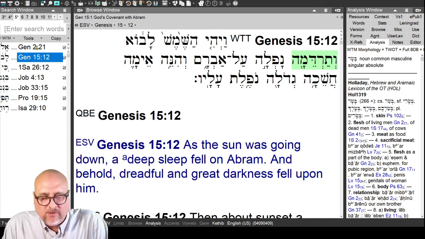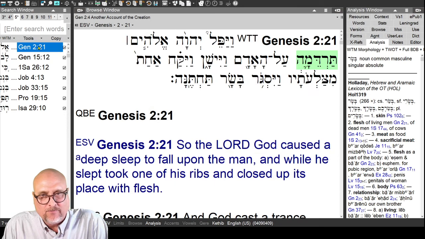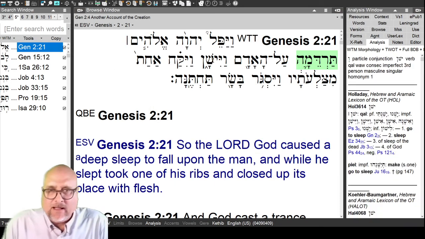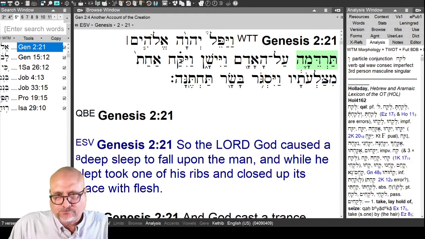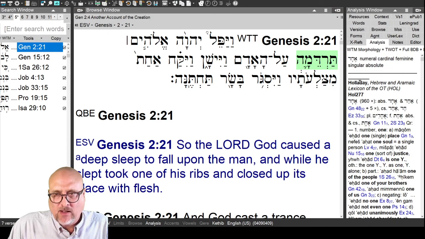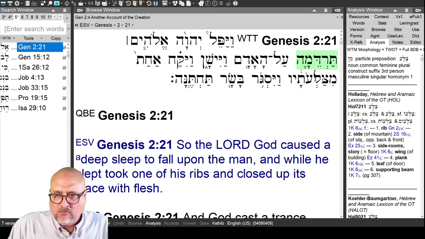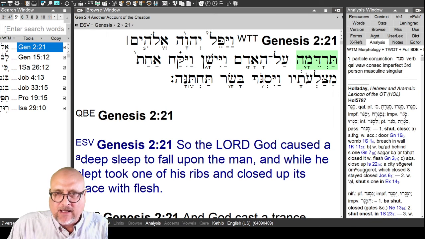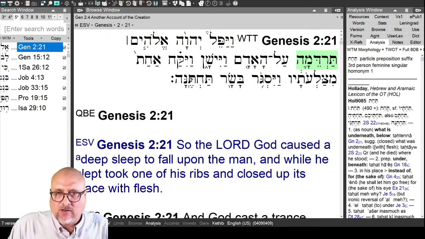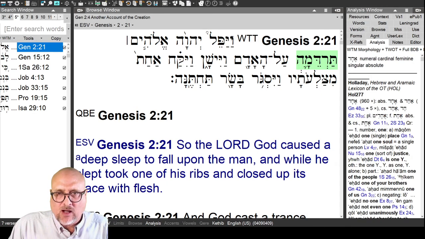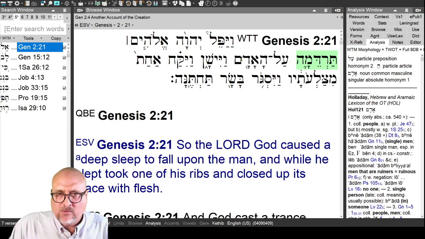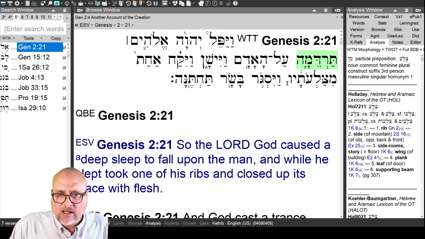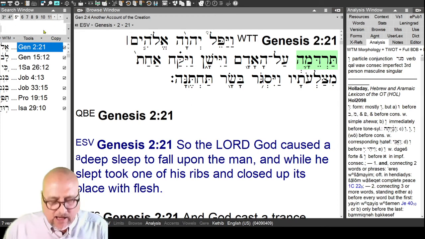So maybe somehow these stories are connected. And he slept. And then it says God took one of his supporting beams, right? There's our word, so this is going to be a rib. And he shut up the flesh underneath it. So the Lord God made a deep sleep fall on Adam, and he wounded him in his side.